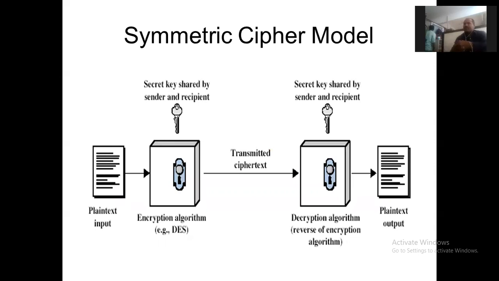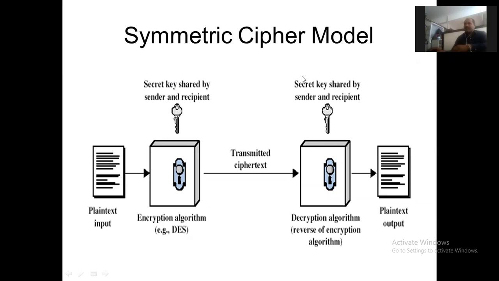So this is the standard model for the symmetric cipher. What exactly are we going to do in this symmetric cipher model? You should remember that the secret key is shared between sender and receiver.